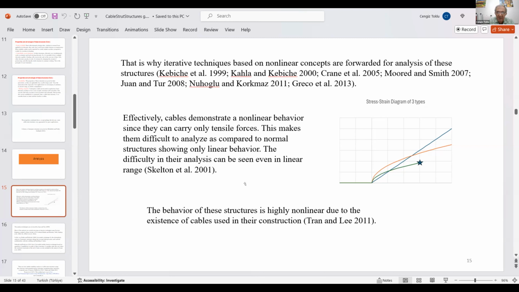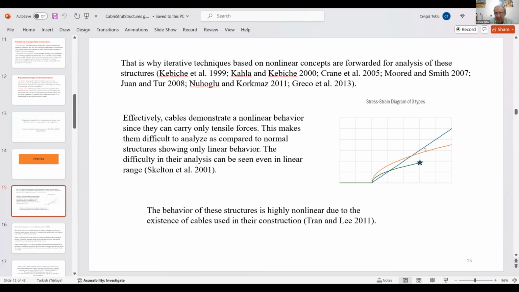If we consider the stress-strain diagram of materials, with strain on the x-axis and stress on the y-axis, there may be linear materials, strut or cable.